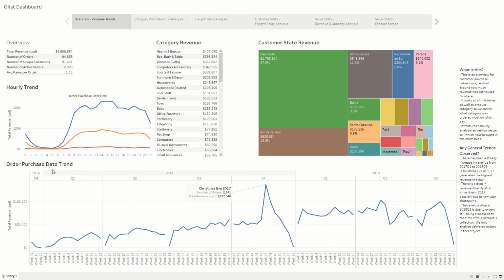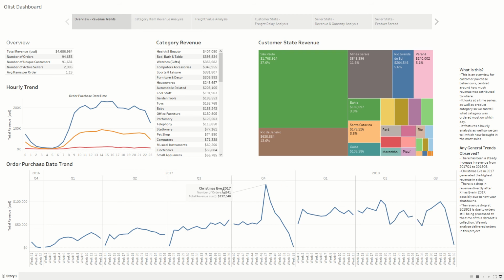The main chart here is the order purchase date trend, which shows, from the start of the data set to the end in terms of dates, how the revenue was doing over time, split by week and quarter down here.